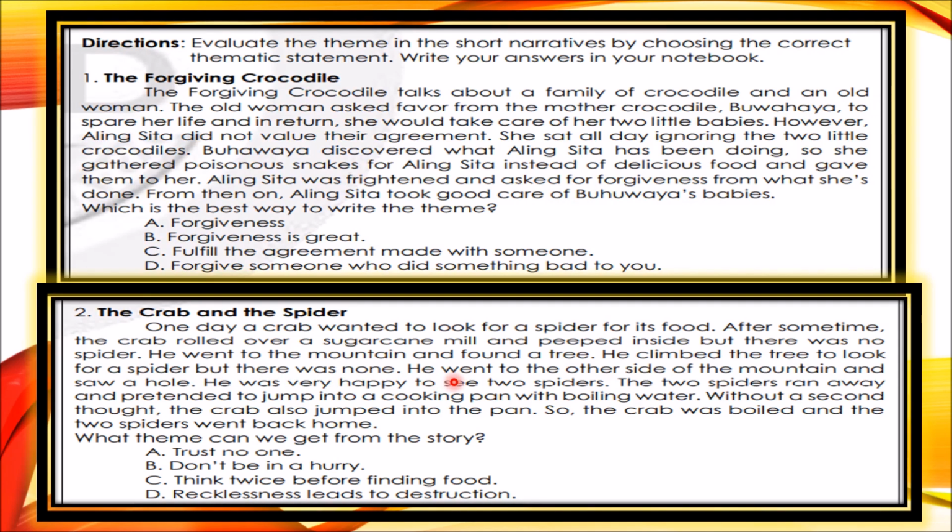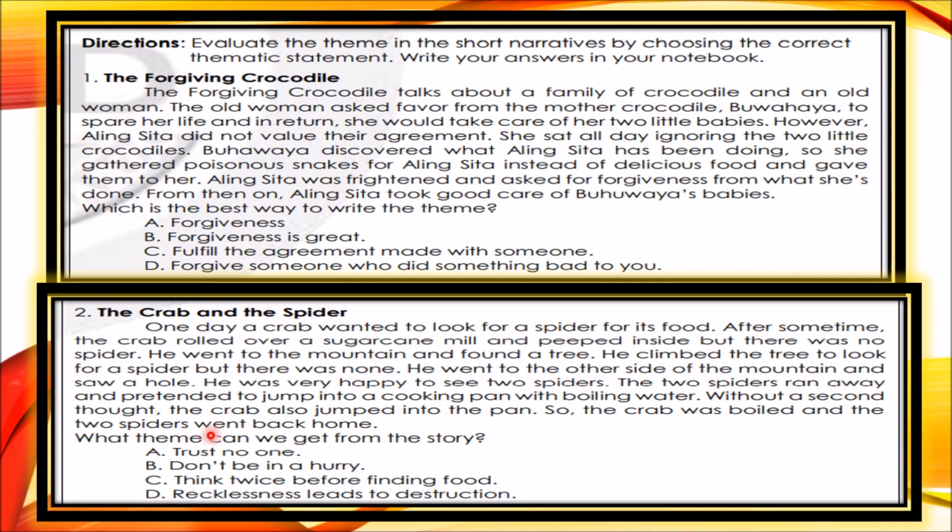He went to the other side of the mountain and saw a hole. He was very happy to see two spiders. The two spiders ran away and pretended to jump into a cooking pan with boiling water. Without a second thought, the crab also jumped into the pan. So the crab was boiled and the two spiders went back home.